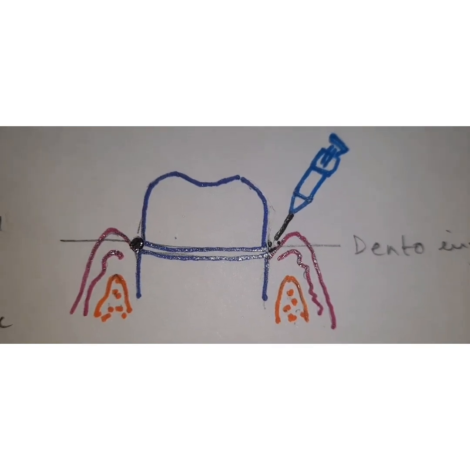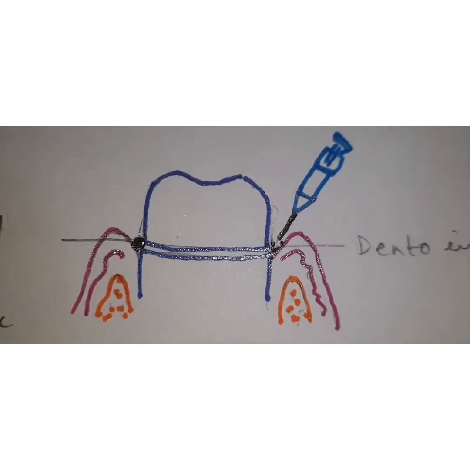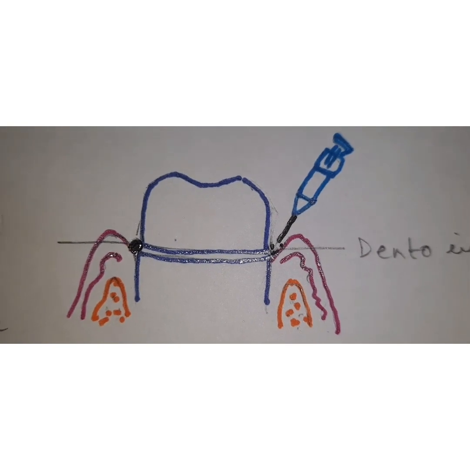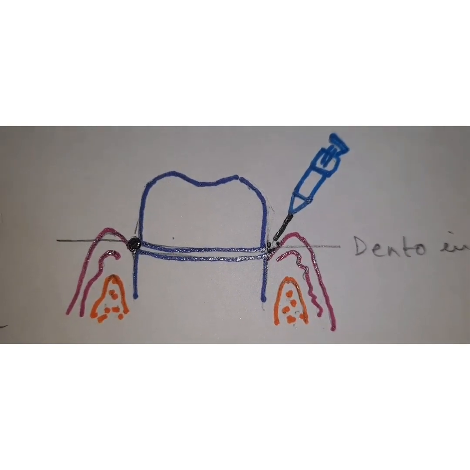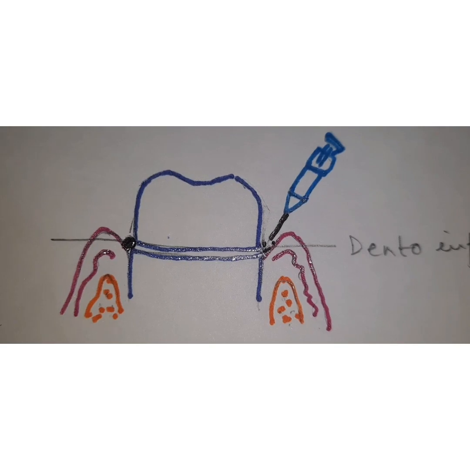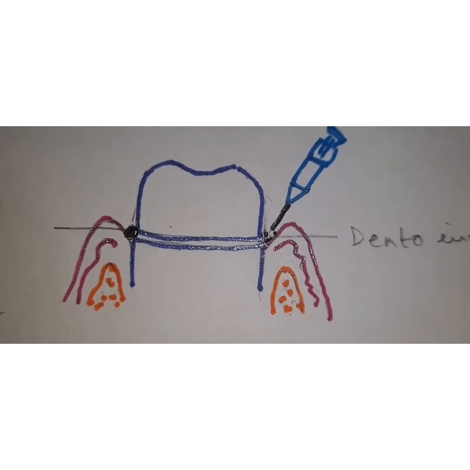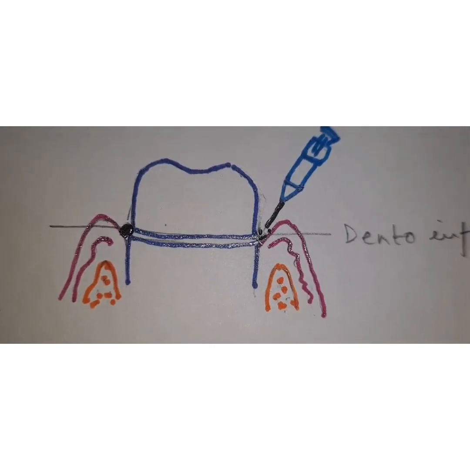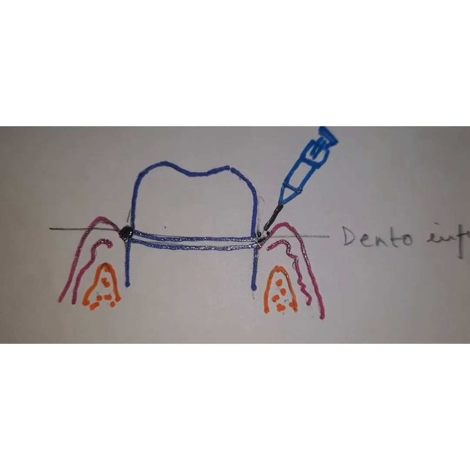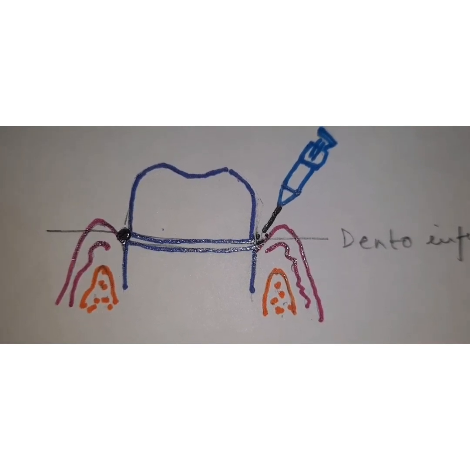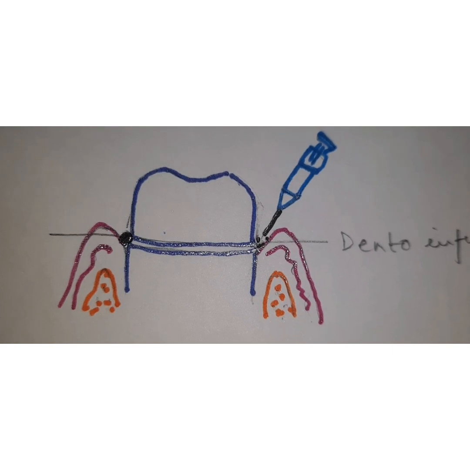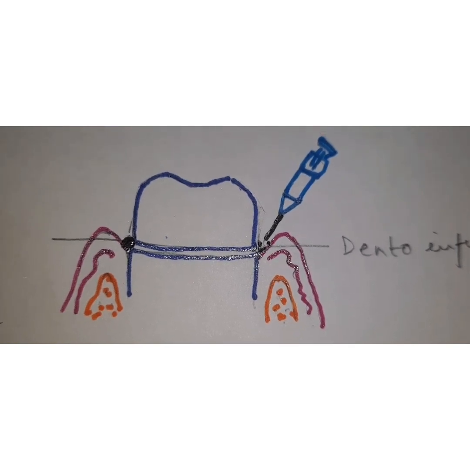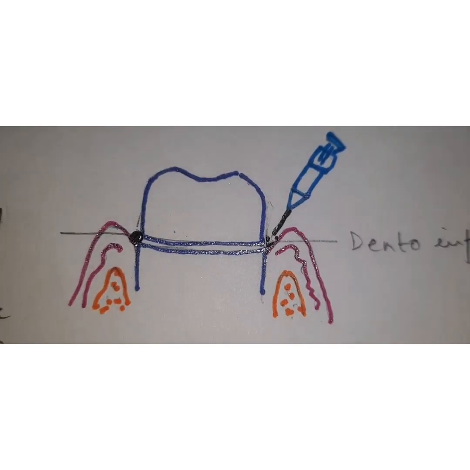In those cases where you have profuse bleeding, you will be infusing a commonly used hemostatic agent with the help of the Dento infuser. This is a very effective technique in which, when you press the Dento infuser syringe, it extrudes the chemical directly into the sulcus without any wastage, and it is also precise.